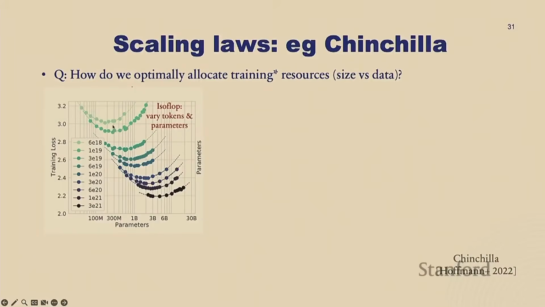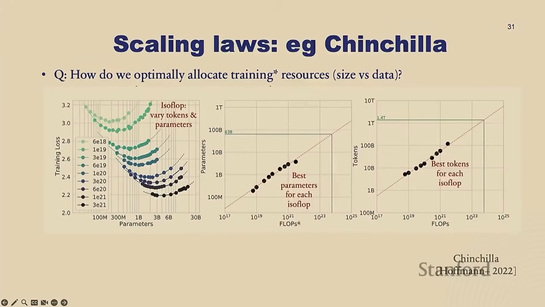Then you take the best one for each of those curves. Once you have the best one for each of those curves, you can plot how many flops it was and which curve you were on, and how many parameters you actually used for training that specific point. You put that on the log scale again, and now you fit a scaling law again.